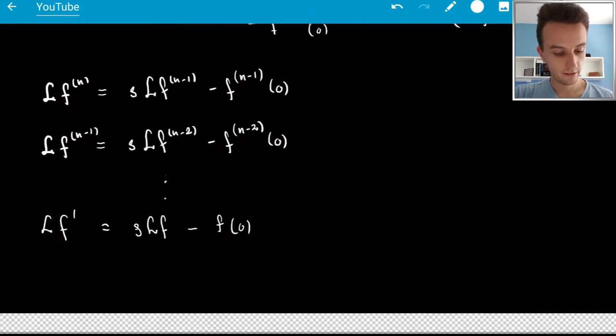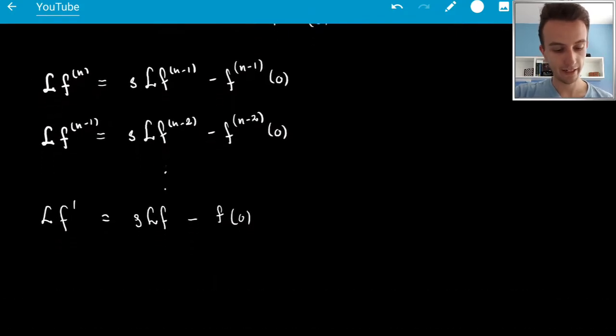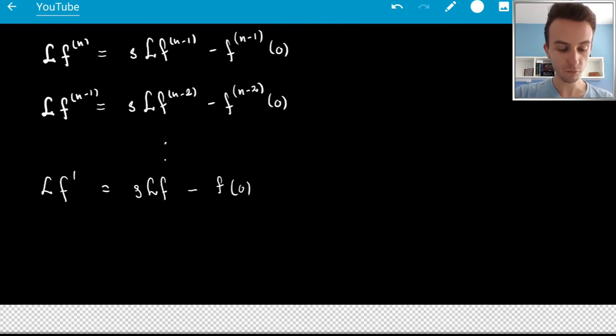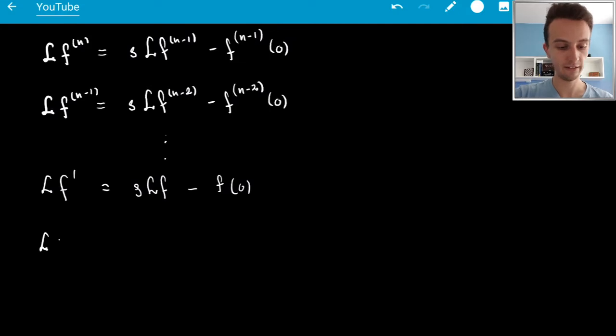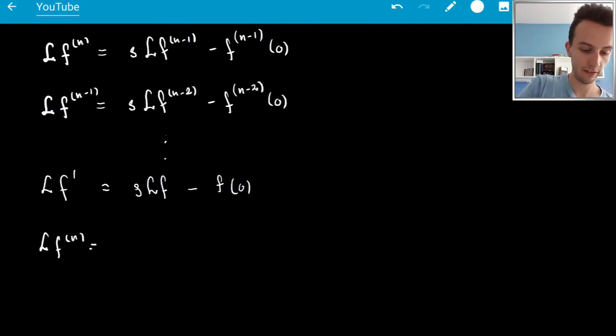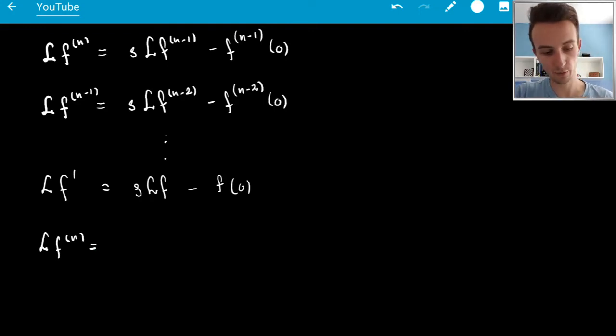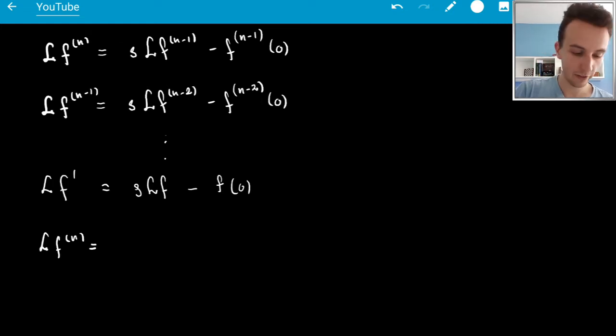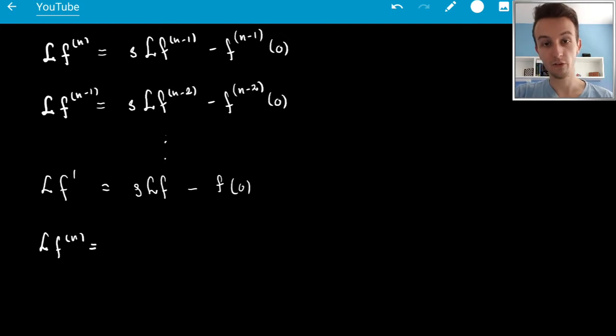Okay. And here we have a big recursive formula, so we can just keep iterating it and get what L{f^(n)} is. So how many times will we have s being multiplied? If it's the second derivative, we'll have s squared. If it's the third derivative, it will have s to the third.